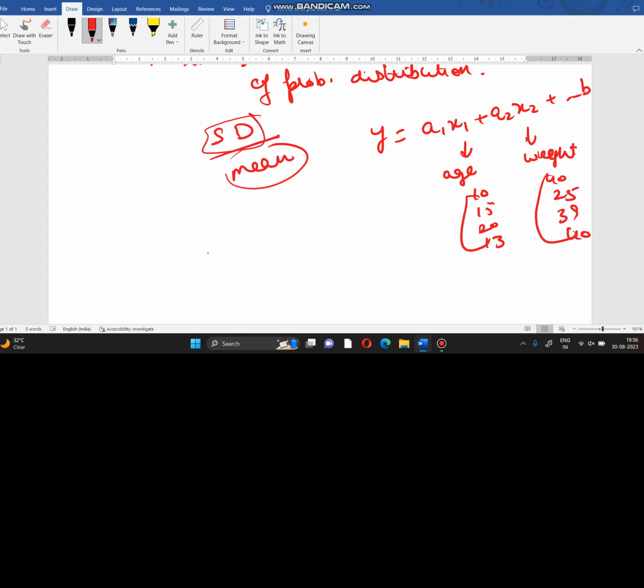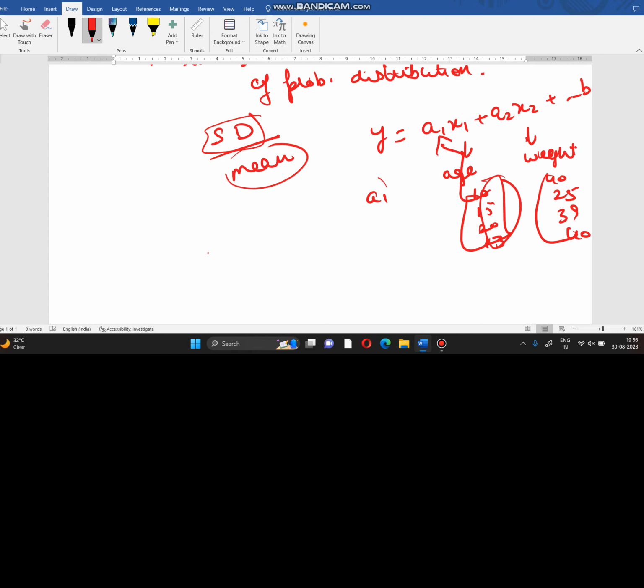When we put the values in this equation, x1 refers to age and x2 refers to weight, and from this generalized measure we take some normalized value, which may be the average of these values. Those values are set as weights for the model, on which our model adjusts itself.